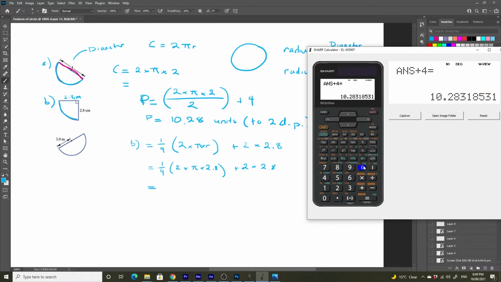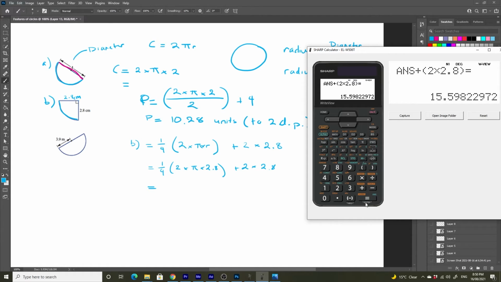Now if we solve for our perimeter, we can just plug this into the calculator. So we go all clear. 2 times pi times 2.8 equals 17.59, but that's the circumference of the entire circle. We only have a quarter of the circle, so we divide this by 4. And then we add on 2 times 2.8 in brackets.